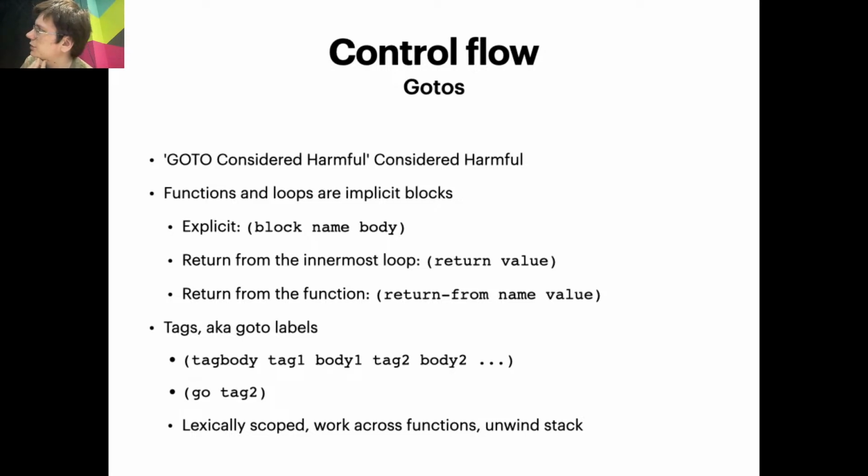And then we can go to each tag by using this form, go, then the name of the tag. The tag names are lexically scoped, and you can jump across functions with this, and they unwind the stack when you go across them.